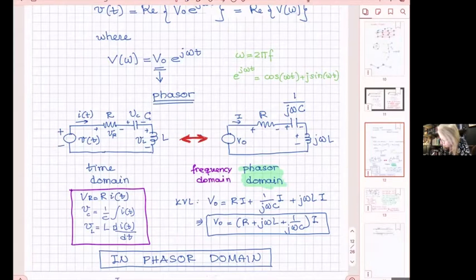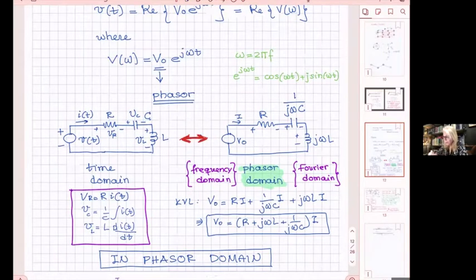Or you will hear people calling it the Fourier domain. Why is that? Because what we are doing here is nothing else but the result of a mathematical transformation that is called the Fourier transformation, if you want to talk in terms of mathematics.